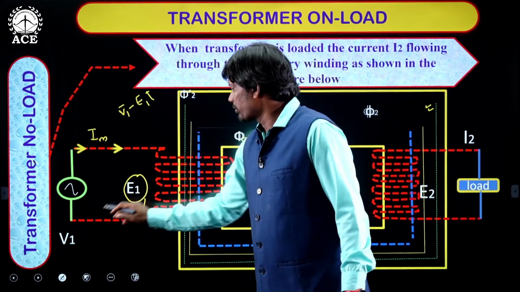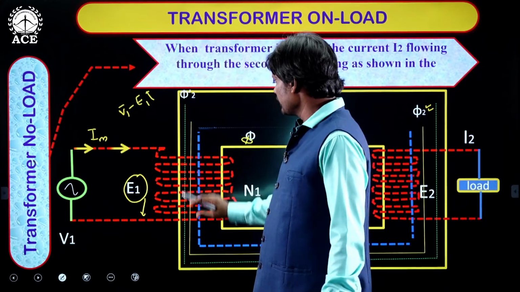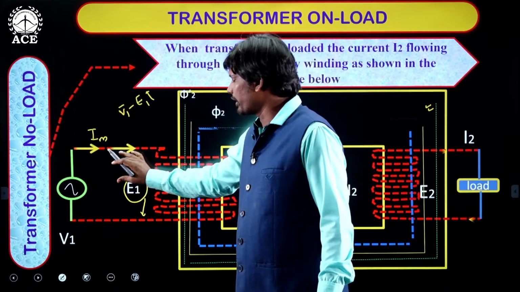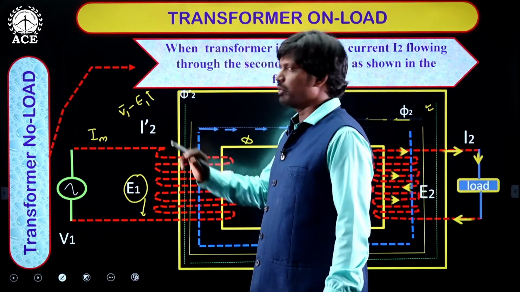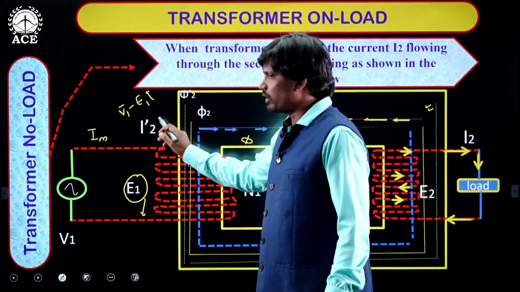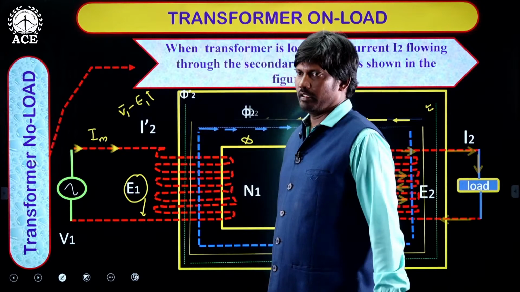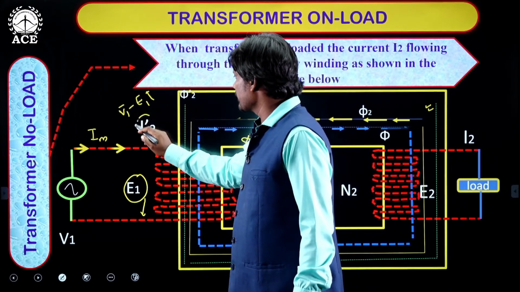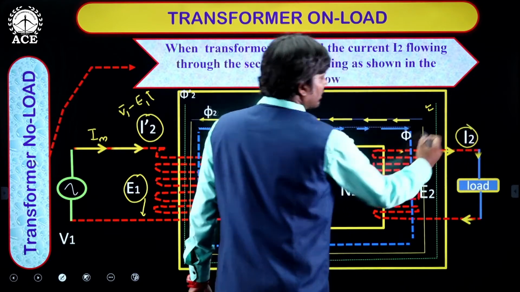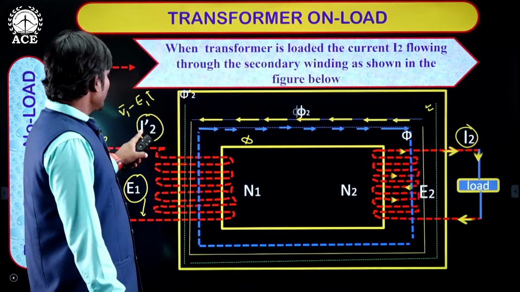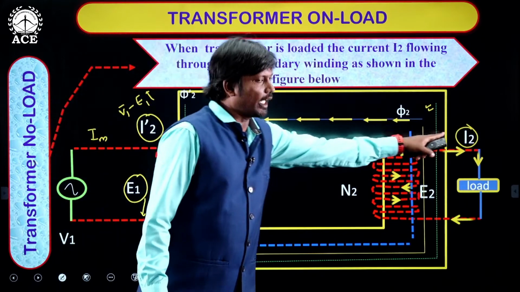When this vector difference increases, the primary draws more current from the supply. That current is known as I2 dash. This is the load component of the primary current. This current I2 dash is just opposite to I2. Remember this one.